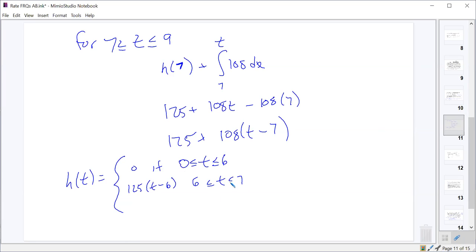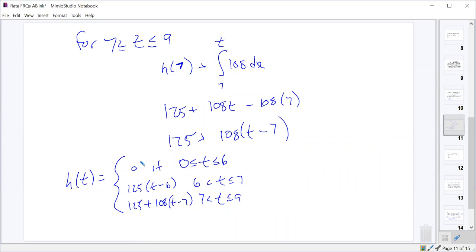Oh no, it was greater than. I gotta get my signs right here. There we go. And then the last one was 125 plus 108 times t minus 7. And that would be for t greater than 7, less than or equal to 9. Does that make sense?